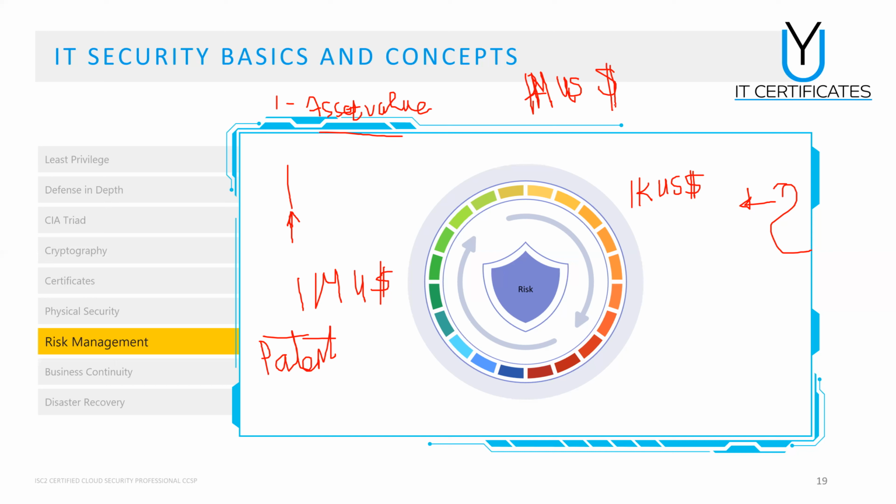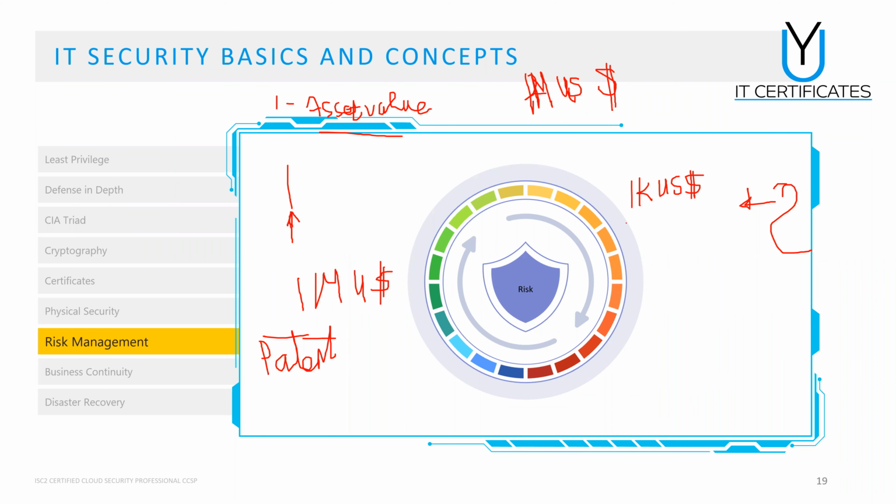Do you think I have to spend the money on asset number one or asset number two? Which one is most important for me to spend money on? What do you think? It should be asset one.